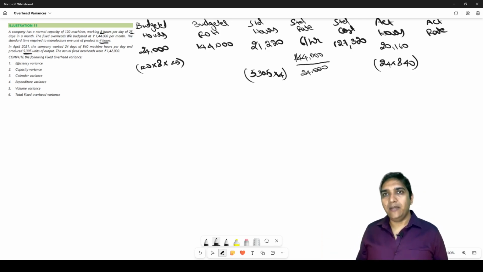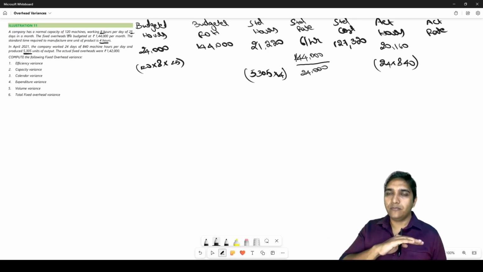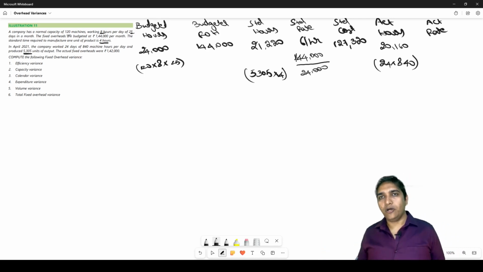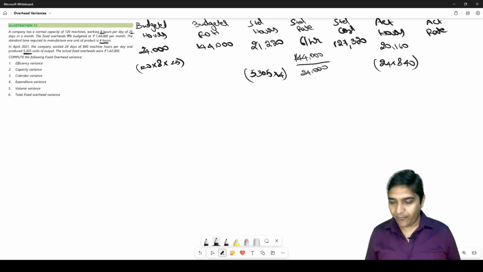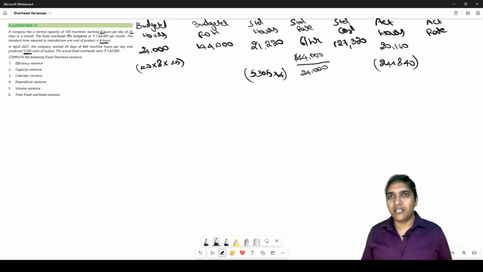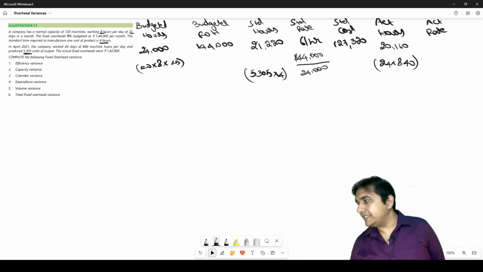However, to keep our table constant, or to keep our template ready for all the problems, we will still compute it. However, since we don't have the information in the question, we will get back to this later.